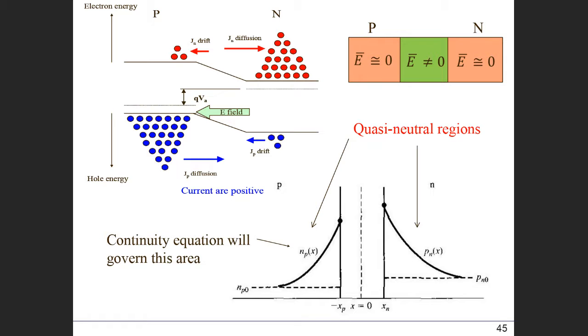Now, our interest so far is, as we discussed, when you apply a forward bias to the PN junction diode, I can certainly ask what will be the minority carrier concentration at the depletion edge, right?